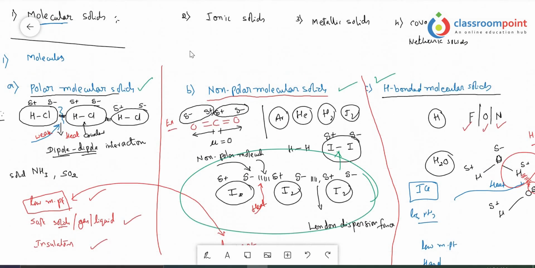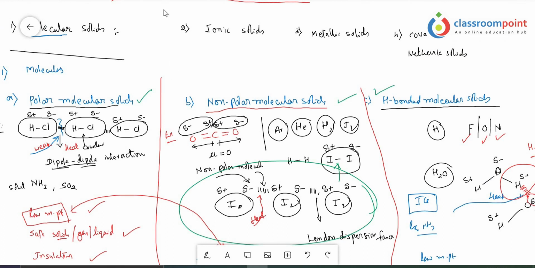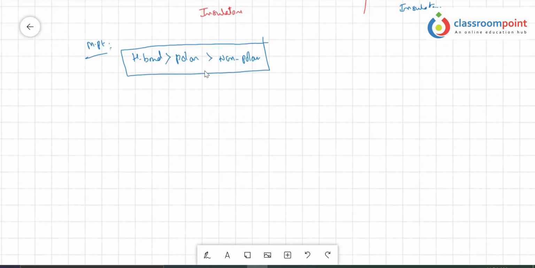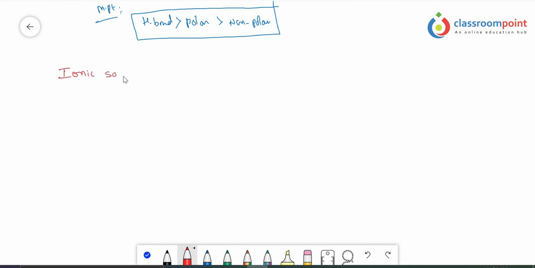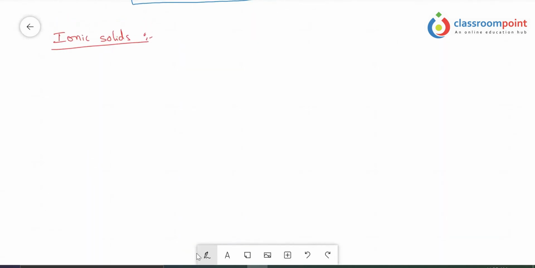Now, let's try to discuss the ionic solids. Ionic solids are formed basically due to the presence of ions.